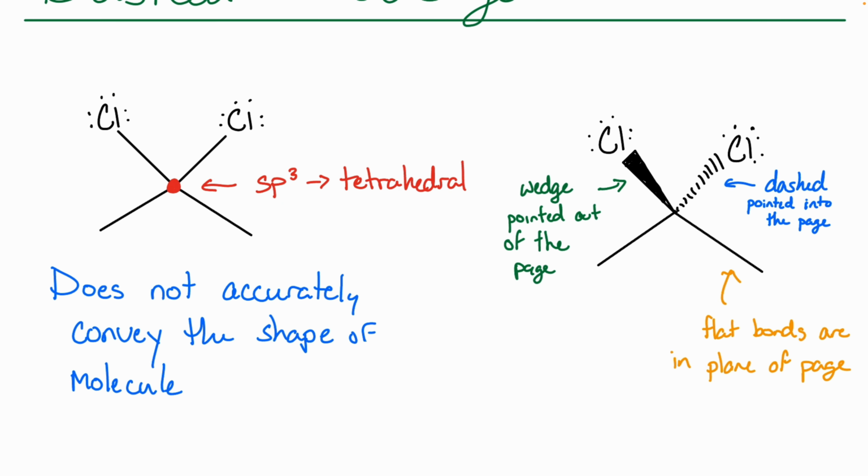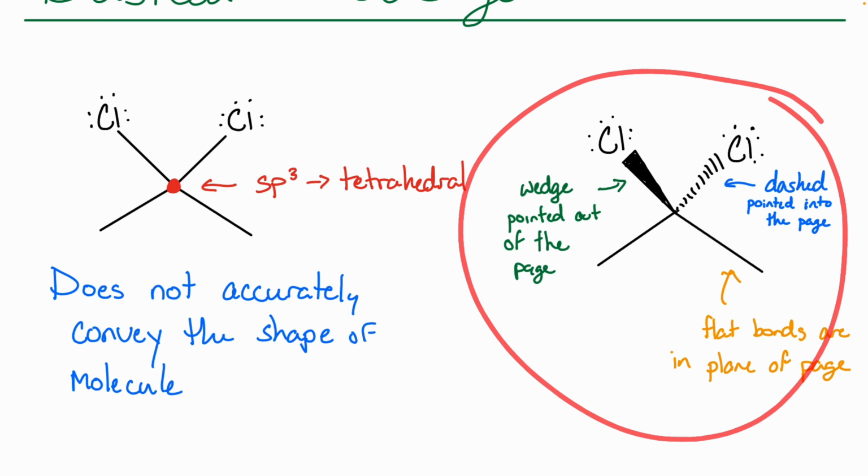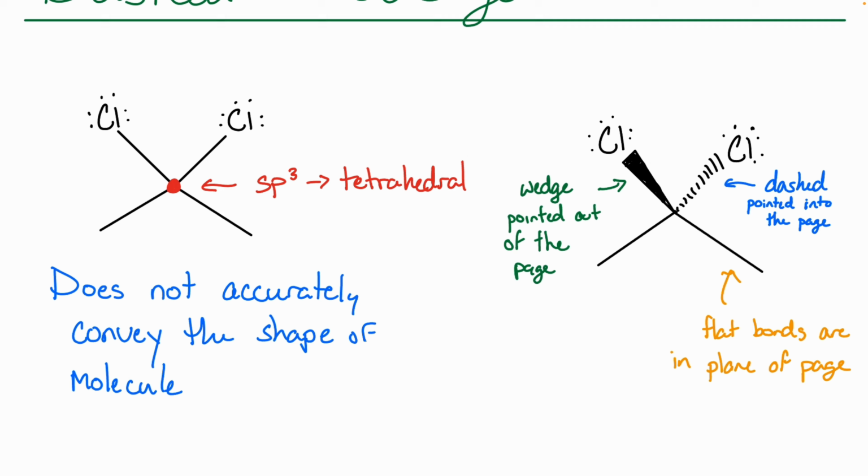So this drawing over here on the right more accurately conveys the shape of my tetrahedral carbon, where I have two bonds that I can put flat, but then I have one pointed out at you and one pointed back at me. And so that's what we use our dashed and wedged bonds for.